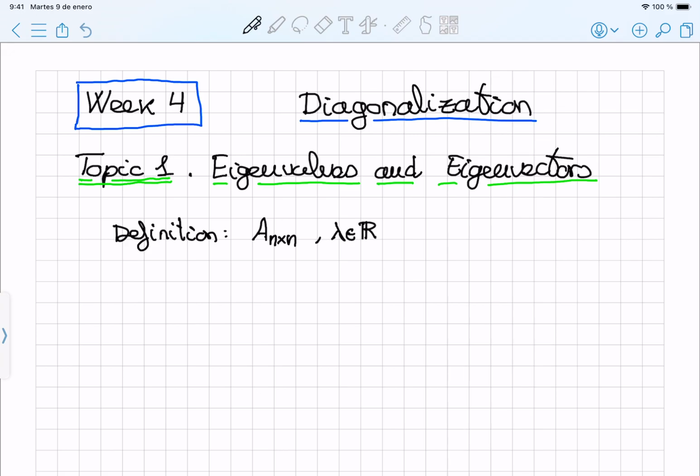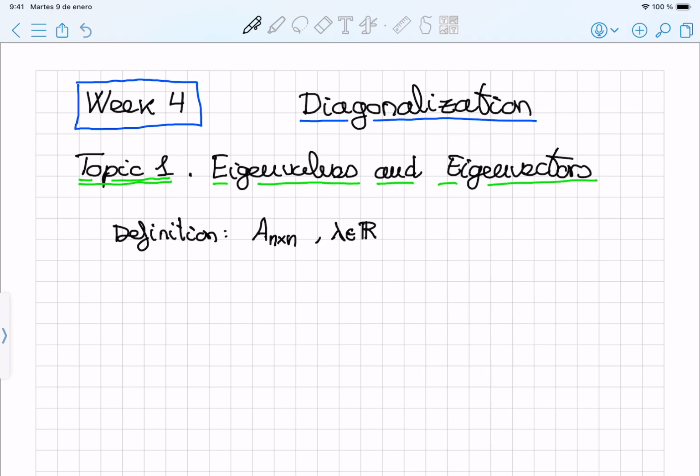We could keep this definition for complex numbers, and this will lead us to diagonalization in the complex numbers. But we are just going to focus on real numbers, just because we prefer to understand this properly, and we understand that you are more comfortable with reals than with complex numbers.